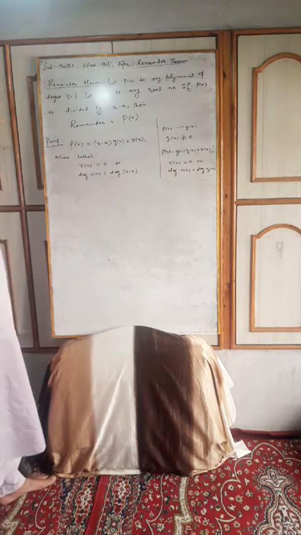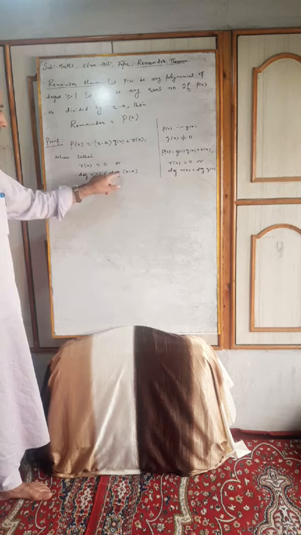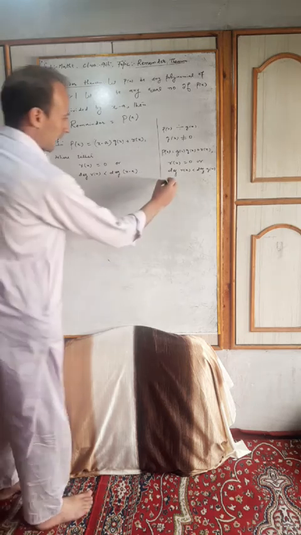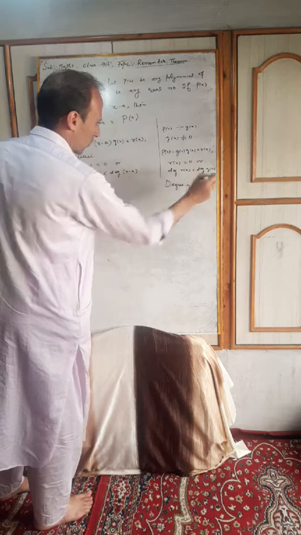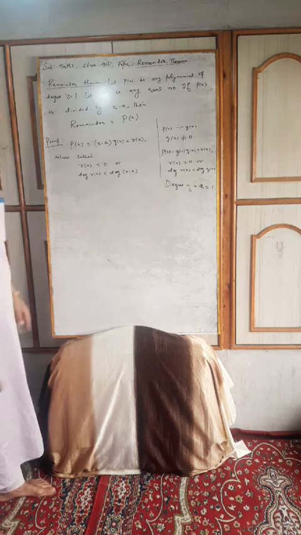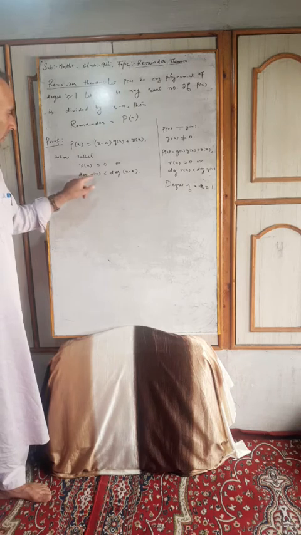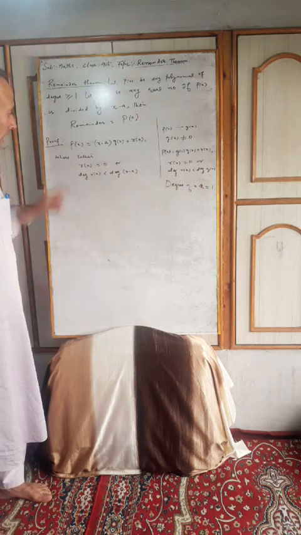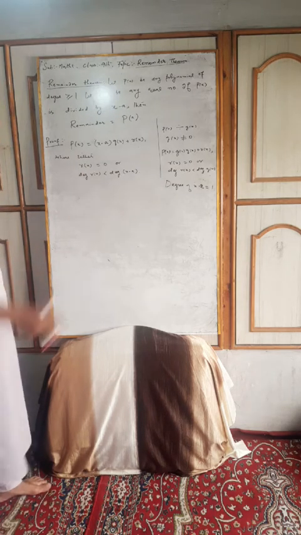Here, we can add one thing from here. The degree of this linear polynomial x minus a is always equal to 1. And when the degree of r of x is less than 1, implying that degree of r of x should be equal to 0.